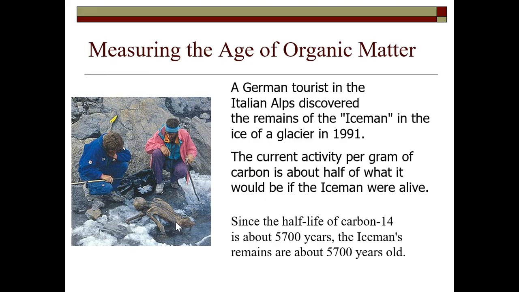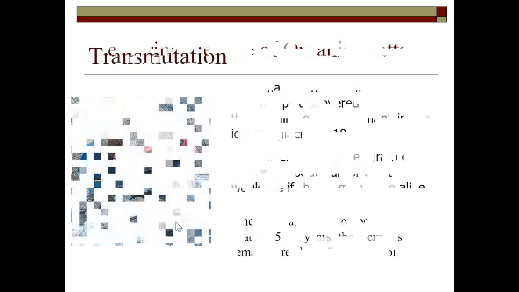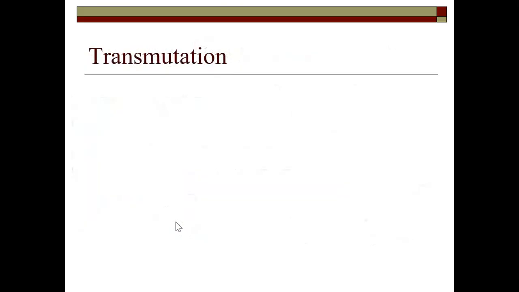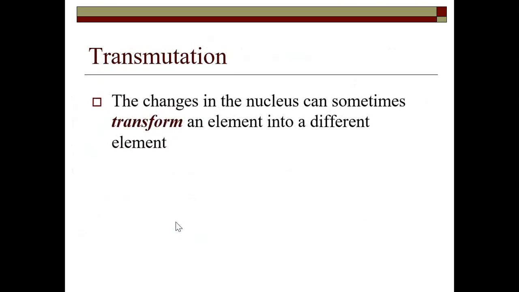Okay, let's wrap this all up with a big bow, talking about transmutations. Transmutations are all the situations we talked about for the last 3 lessons about how a nucleus can sometimes transform into another element. That's unusual.